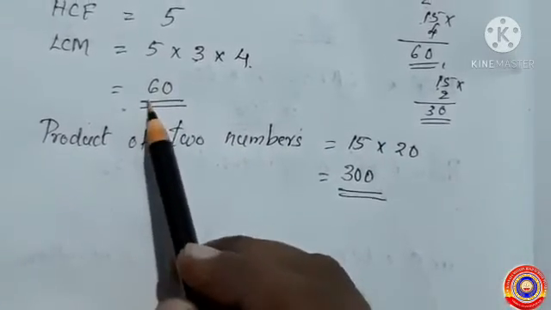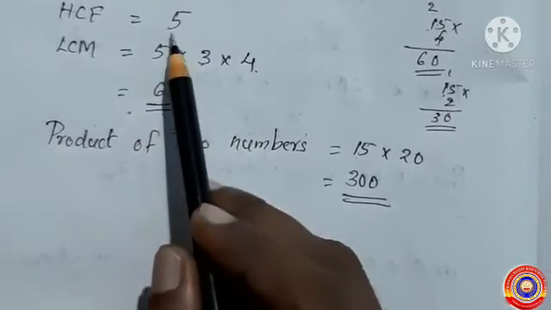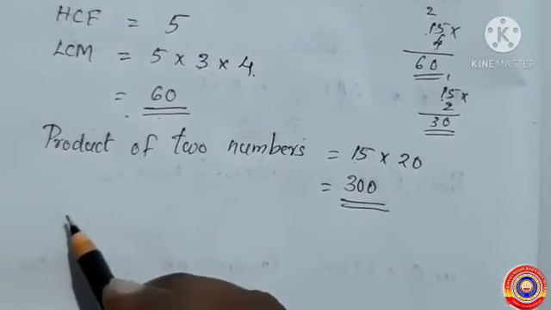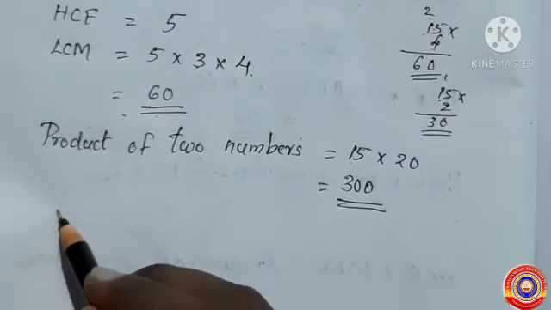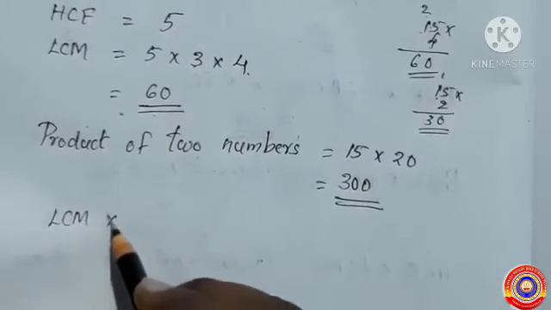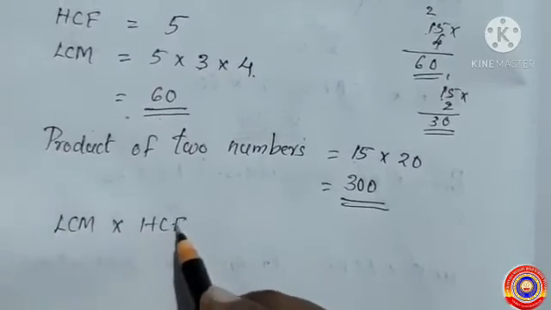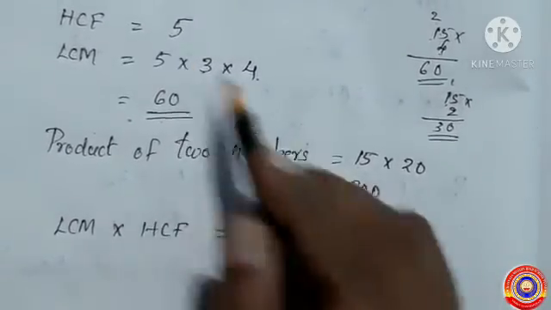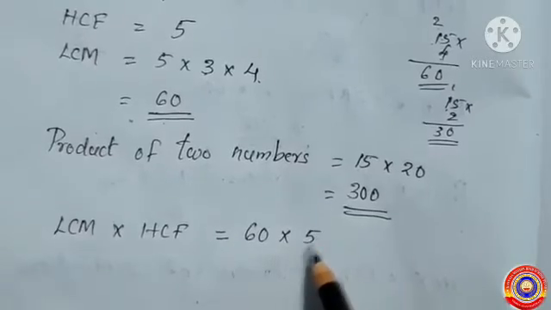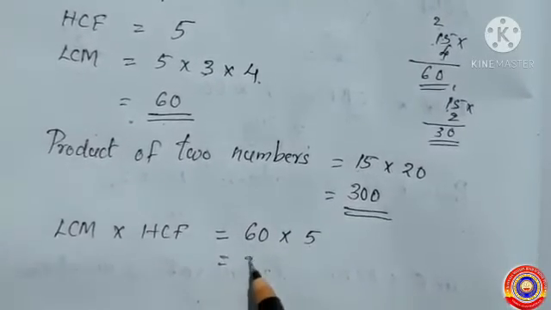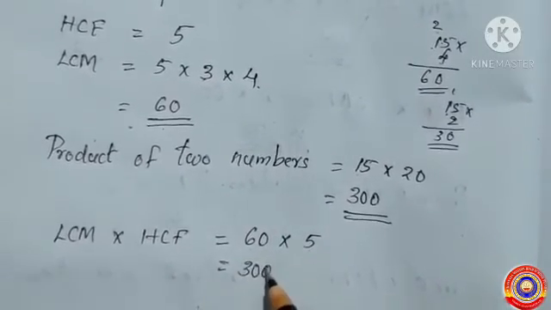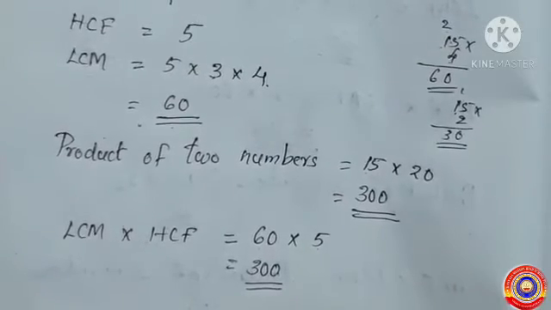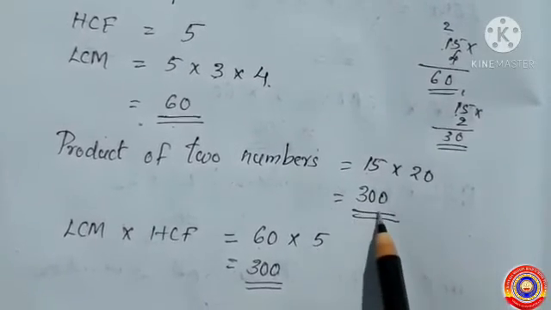Now we have to find out the relation between the product of two numbers and their LCM and HCF. LCM into HCF is equal to 60 into 5. 6 into 5 equals 30 and place this 0 here. 6 into 5 is equal to 300.